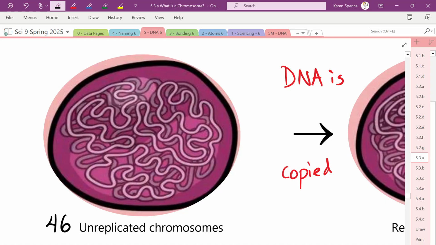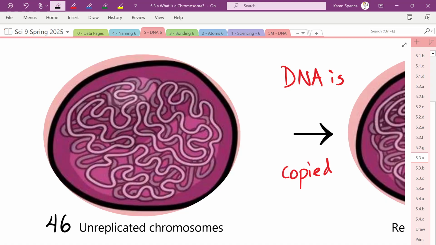We make copies of those chromosomes. So if this is a chromosome that is unreplicated, we're going to pretend that it's in its condensed form. When it replicates, it has an identical copy right next to it. And they are stuck together, making that X-like structure. Show me an unreplicated chromosome.